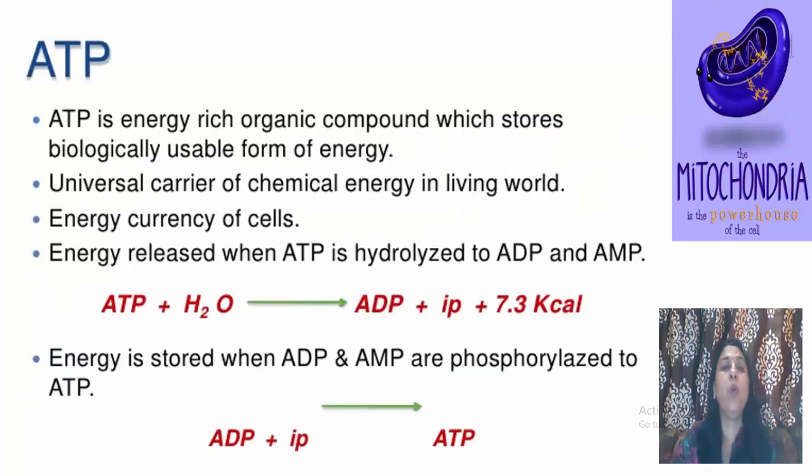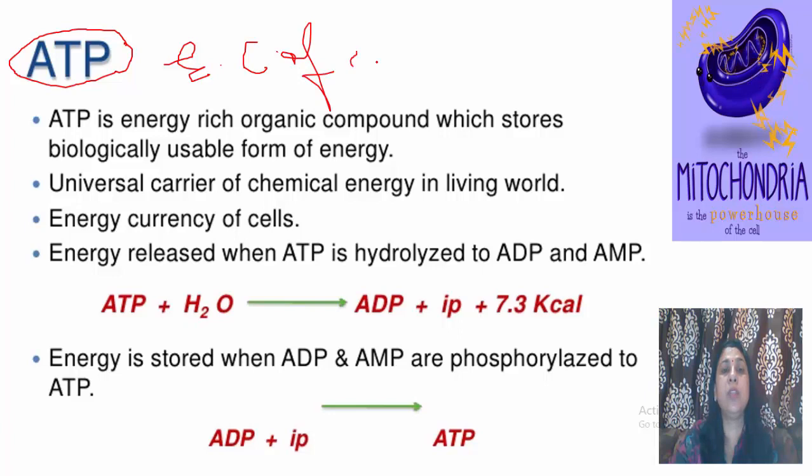Now what is ATP? As mitochondria are known as the powerhouse of the cells, that means the energy is generated in the mitochondria. Similarly, ATP is known as the energy currency of the cell. That means energy is stored in the cell in the form of ATP.